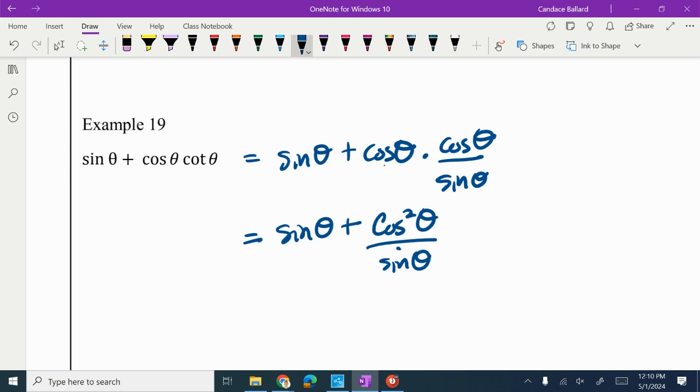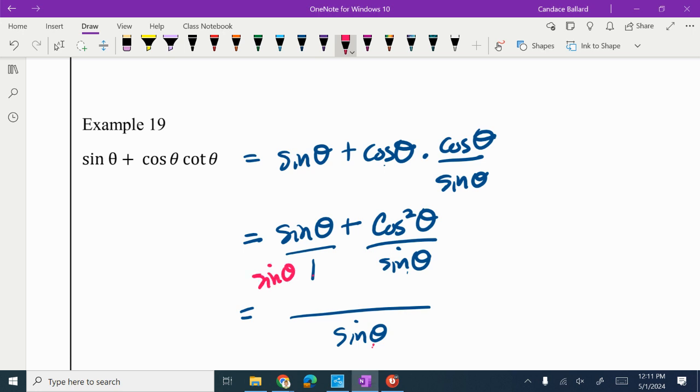All right, this one's going to get super complex really quick, okay? It'd be handy to make that look nicer if I had the same denominator, wouldn't it? Okay, so this one has a denominator of 1, which would make my common denominator sine theta. Everybody see that? Just as if there was a 2 here and a 1 there, I'd make the common denominator 2, okay? So I'm looking at what I have to multiply by. So if I have 1 and I have to get to sine, what do I need to multiply by? Sine, good.